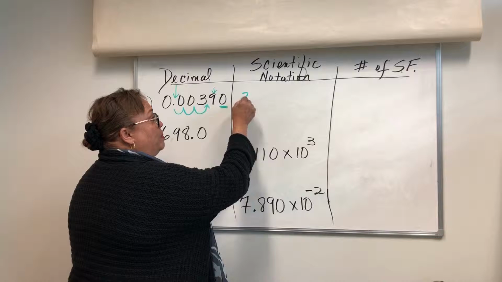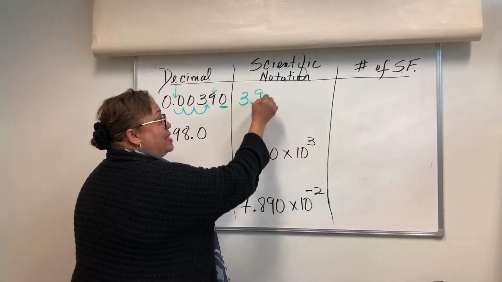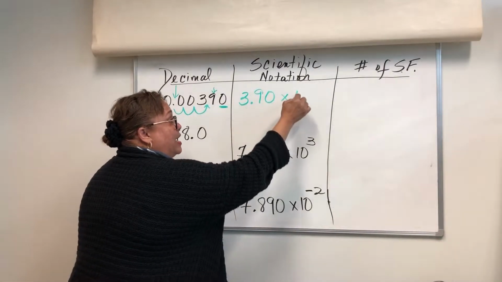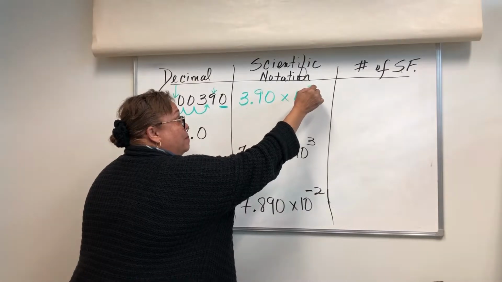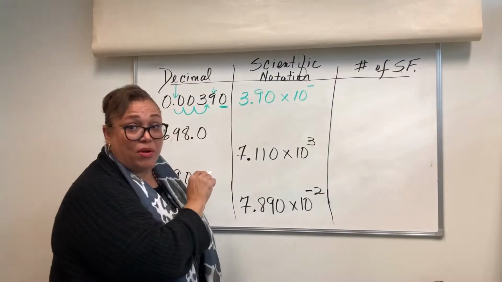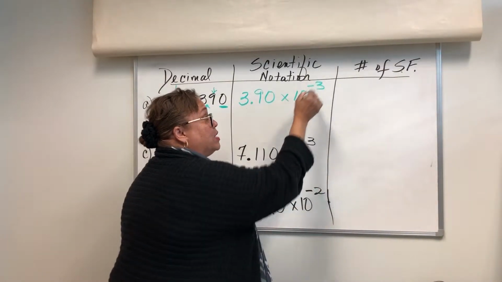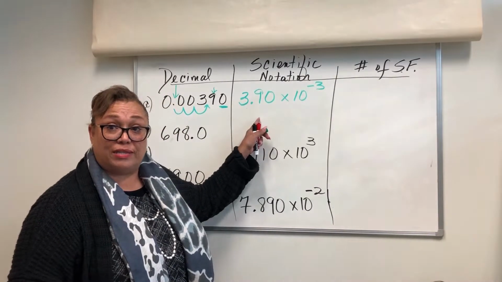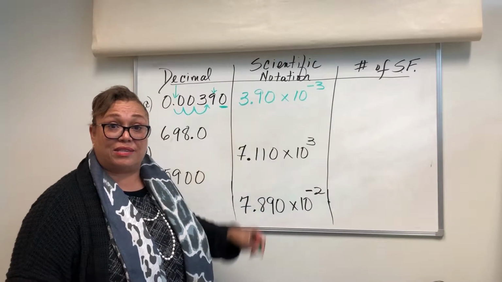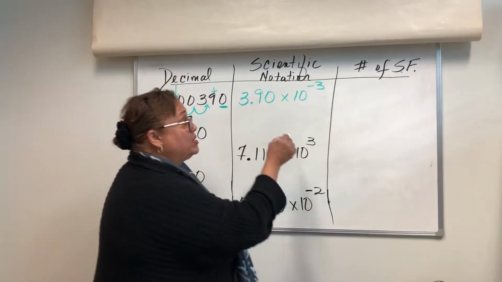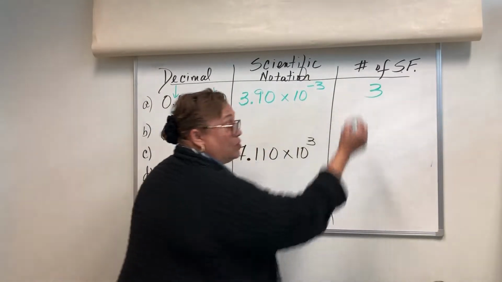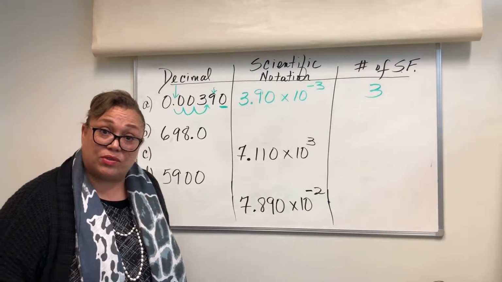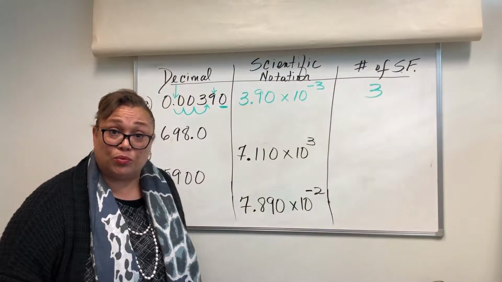So the answer would be 3.90 times 10 to the what? Minus, how many times we bounce that ball? 3. Do not drop that trailing 0. It's not trailing, it's significant. So how many sig figs do we have? 3 significant figures. Don't let me fool you.